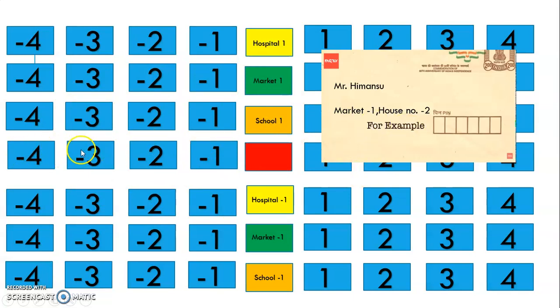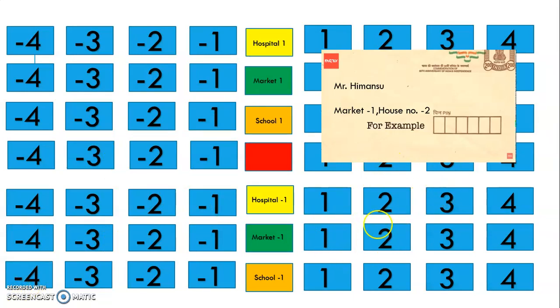What about this house? So this is in the row in which the post office is there. So post office, comma, house number -3. Okay. So using this system, सारे हाउसेस को हम एक यूनिक आइडेंटिफिकेशन नंबर दे सकते हैं.